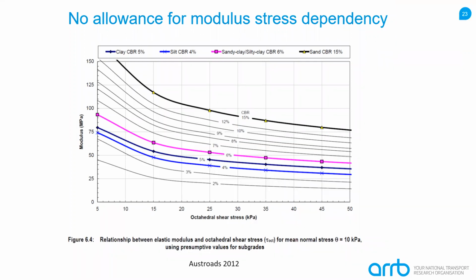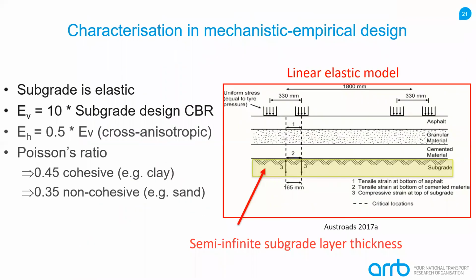Thanks for the clarification, Jeff. And the next question is on slide number 21. Is there any analytical model to calculate the stress transfer from tire pressure at the road surface down to the subgrade? Analytical model. Well, with this linear elastic model, you can calculate the stress levels in the pavement.